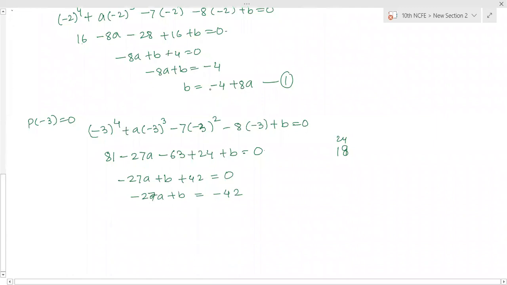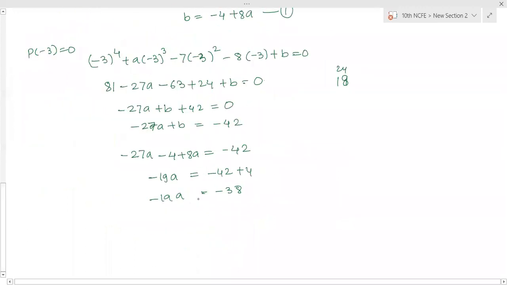Now substitute the value of b from this equation. Minus 27a minus 4 plus 8a is equal to minus 42. Minus 27 plus 8 is minus 19. Minus 19a is equal to minus 42 plus 4, that is minus 38.